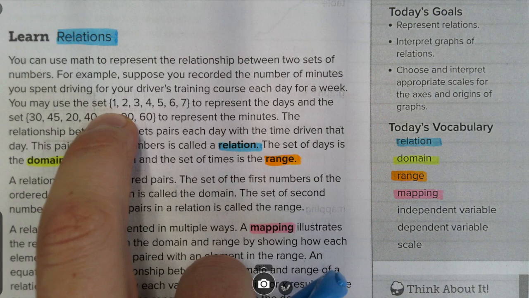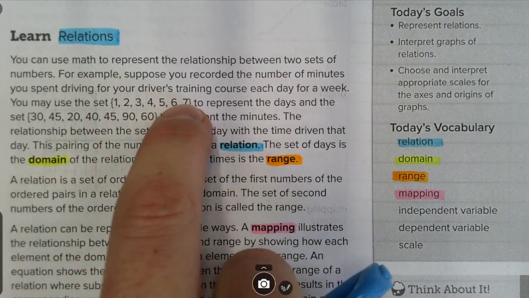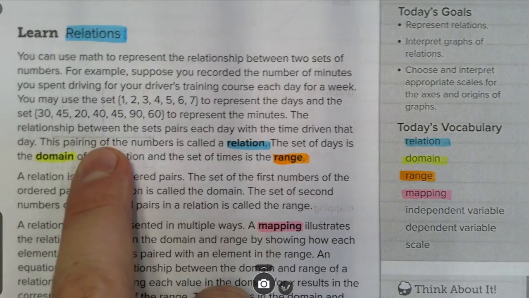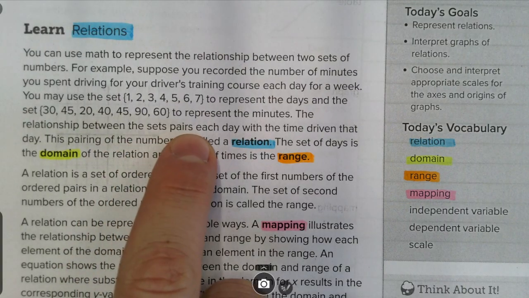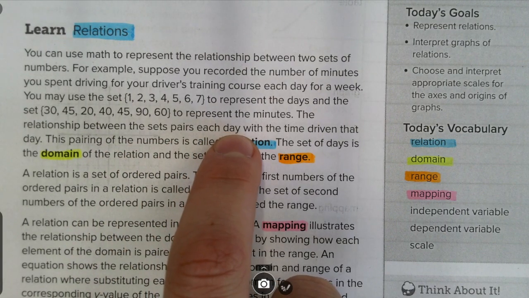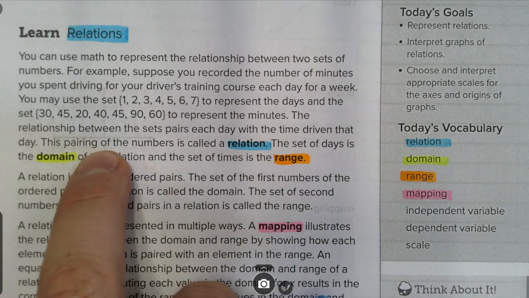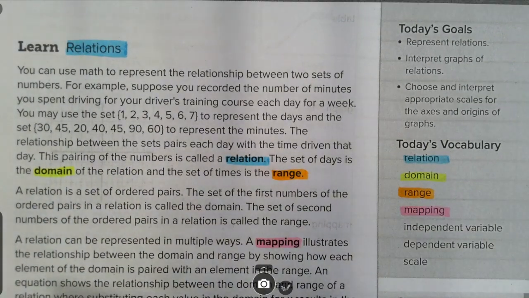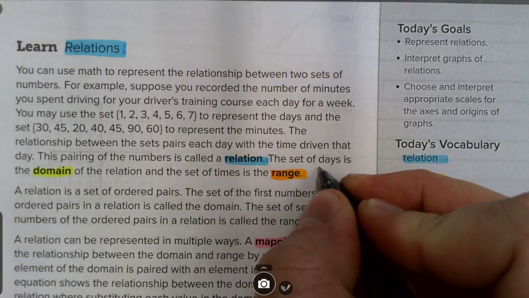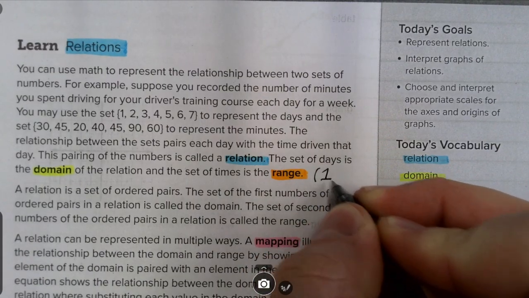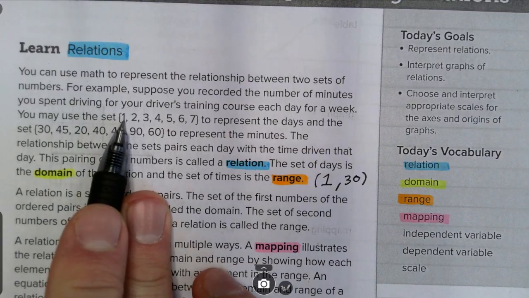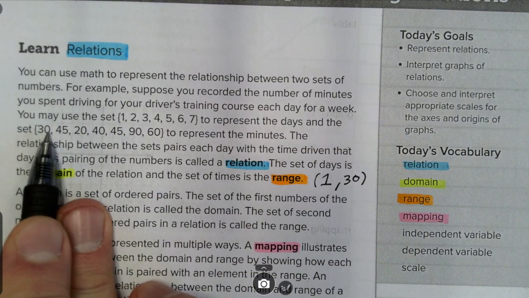So we have 7 entries and then 7 data points. The relationship between the sets pairs each day with the time driven that day. This pairing of the numbers is called a relation. So for example, if we were to put these together, we would have a point (1, 30) because the first day we drove 30 minutes.